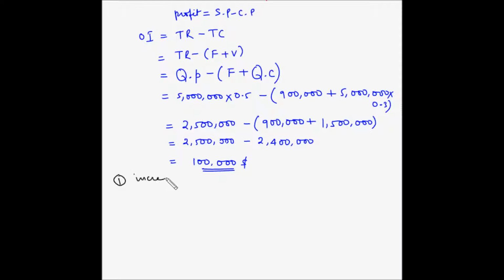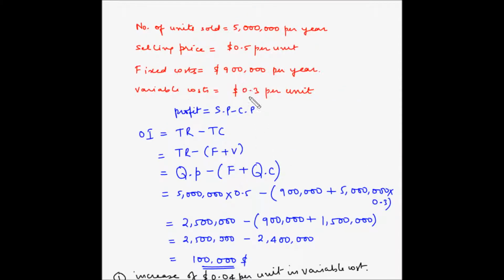So increase of $0.04 per unit in variable cost. So basically this thing is increasing by $0.04 per unit.